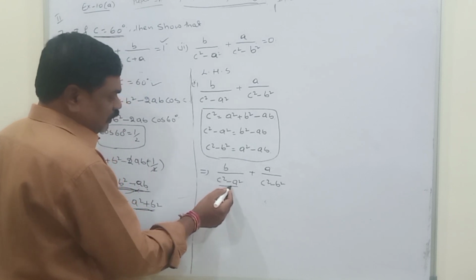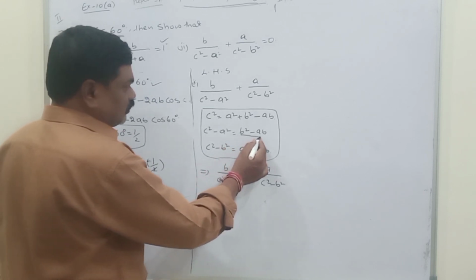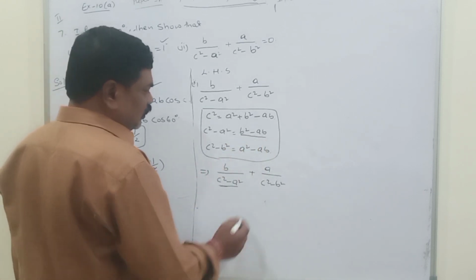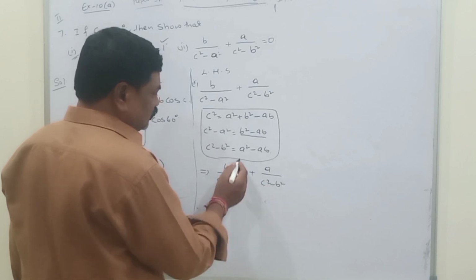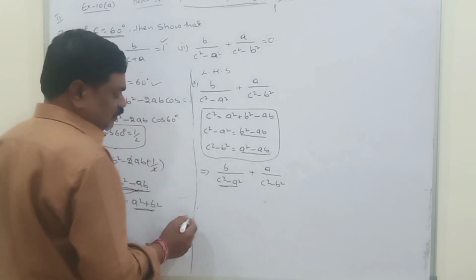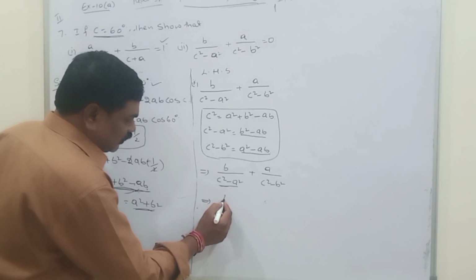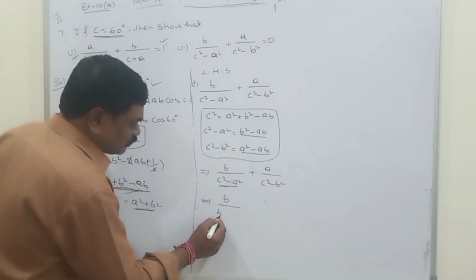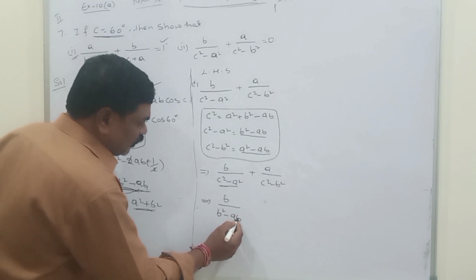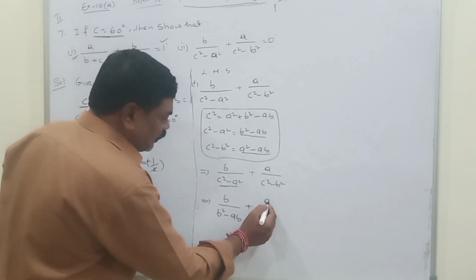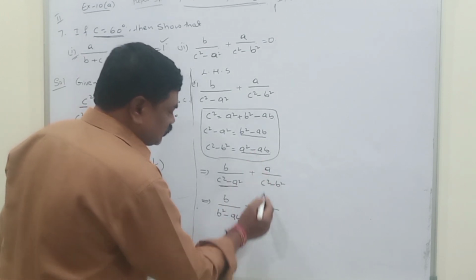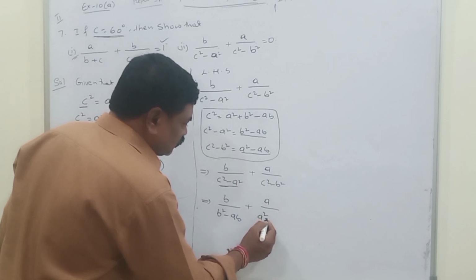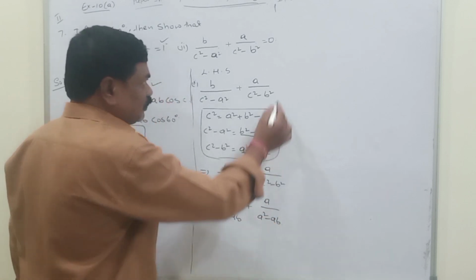So C square minus A square is equal to B square minus AB. C square minus B square is equal to A square minus AB. Then this is B by B square minus AB plus A by A square minus AB.